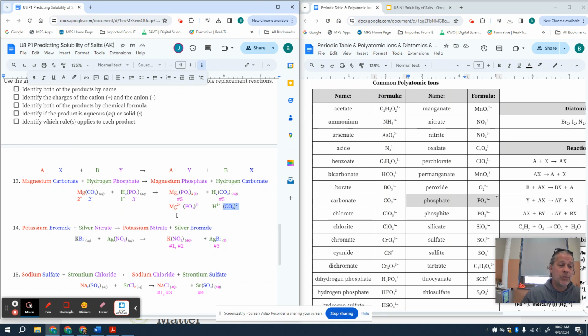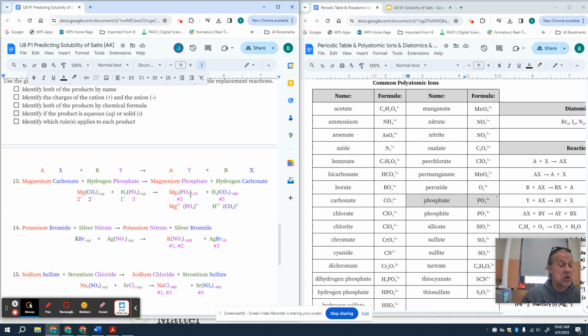Then you had to go through and cross these things down or put them behind each other. So the 2 from magnesium went behind the phosphate right here, and we dropped its plus, and the 3 from phosphate went behind the magnesium right here, and we dropped its minus. At this point, I would have checked to see if the 3 and the 2 could be simplified.